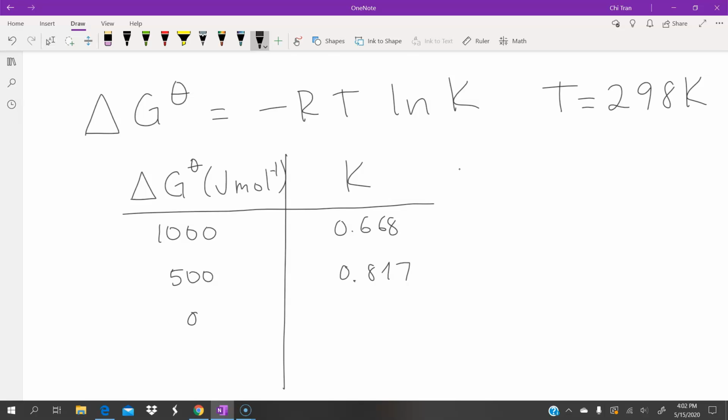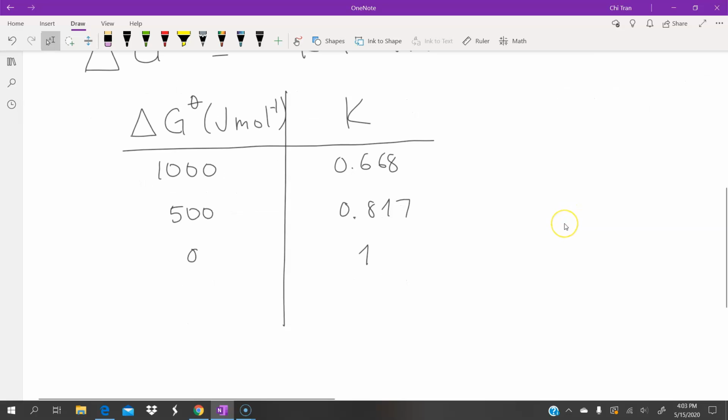And when Gibbs free energy is at 0, the equilibrium constant is 1. And when Gibbs free energy is at negative 500, we get an equilibrium constant of 1.22. And when Gibbs free energy is at negative 1000, we get an equilibrium constant of 1.50.